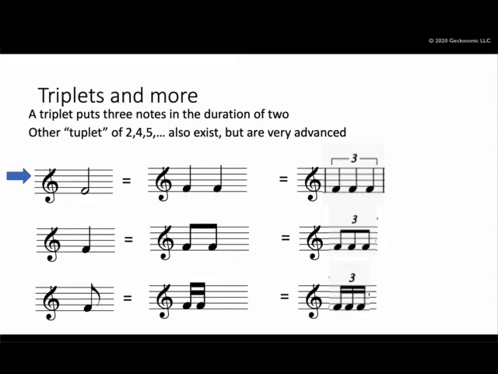It's 2 quarter notes long. But what if we were to put 3 notes in the same time space as the half note or the 2 beats. This would be called a quarter note triplet. Let's just see what it sounds like.